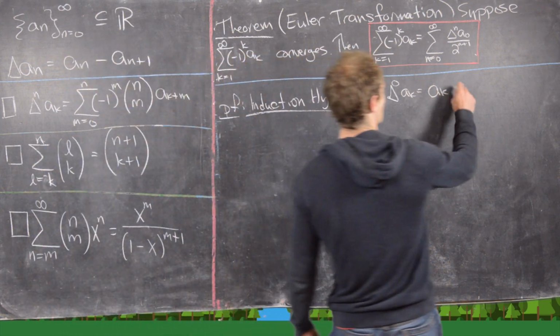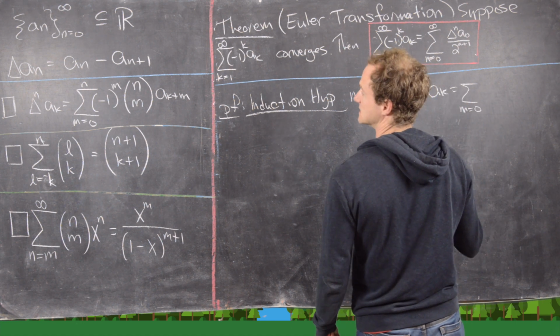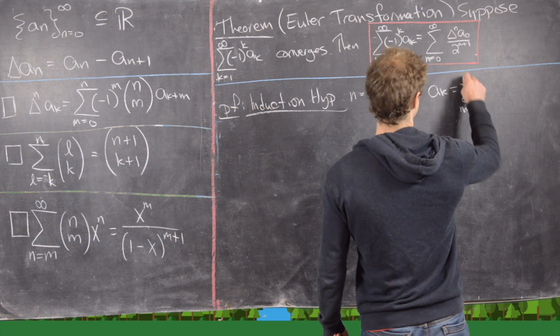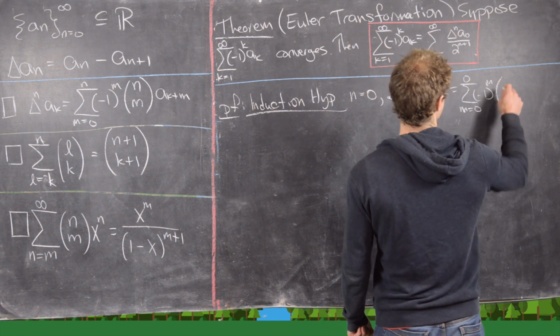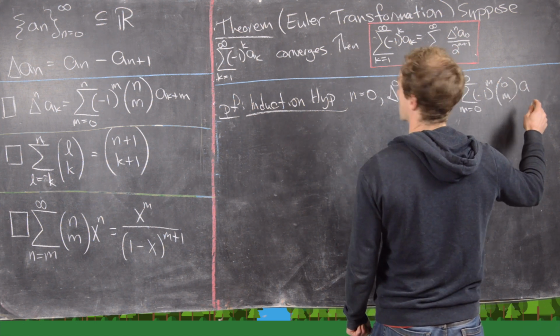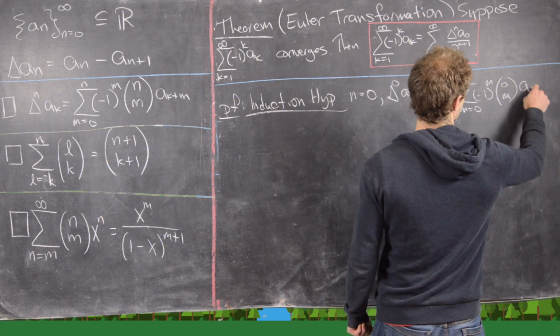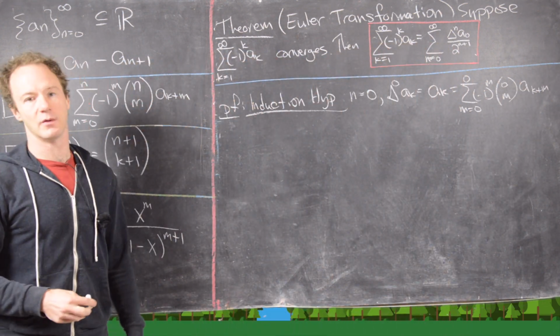But notice that's exactly equal to the sum m equals 0 to 0 of (-1)^m, and then here we have 0 choose m, and then a_(k+m). So notice those two objects are the same, so that's exactly what we need.